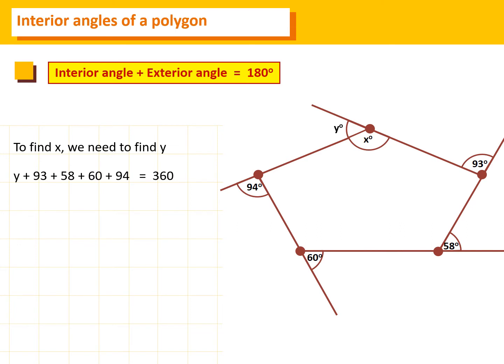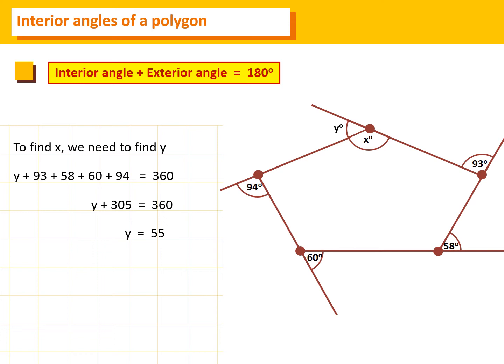Therefore, if we add all the exterior angles together, that's y, 93, 58, 60 and 94, they add up to 360 degrees. That gives an equation y plus 305 equals 360, and therefore y will be 55 degrees.